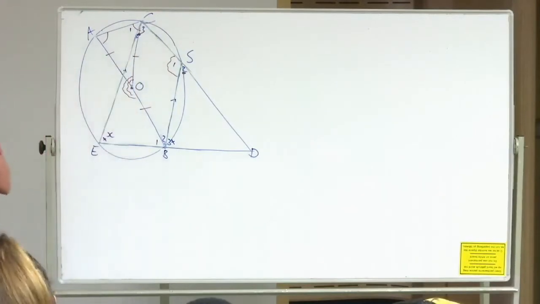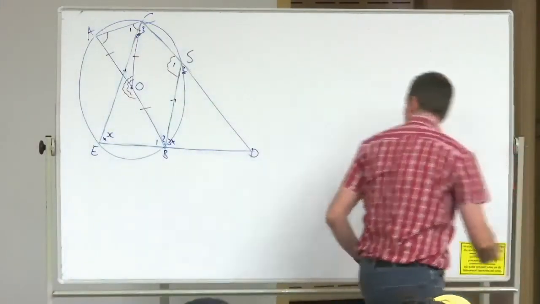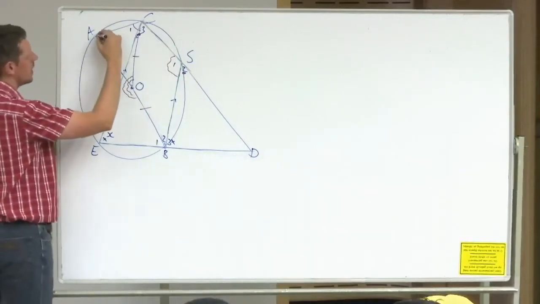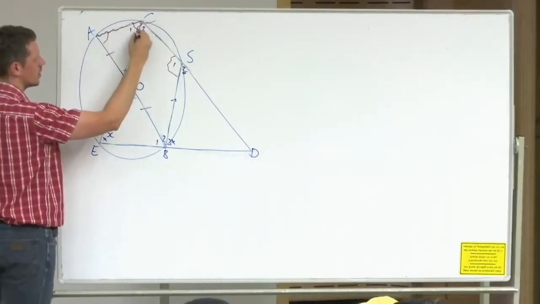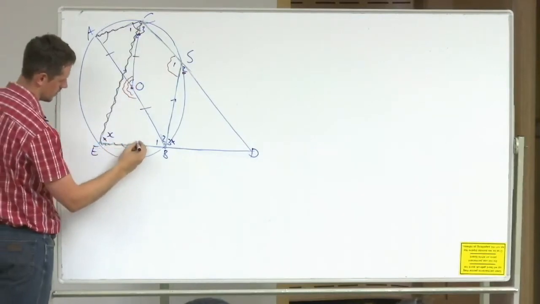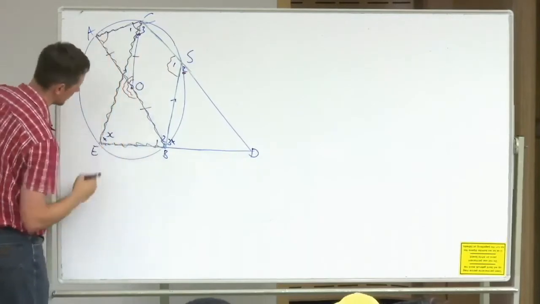There's one cyclic quad for me. And then as well, if I look carefully, I also have a bow tie here. Okay?